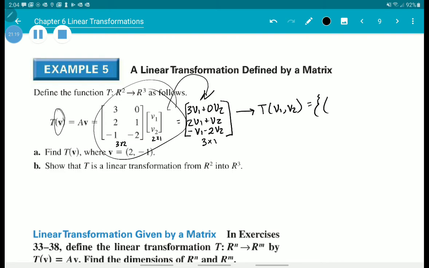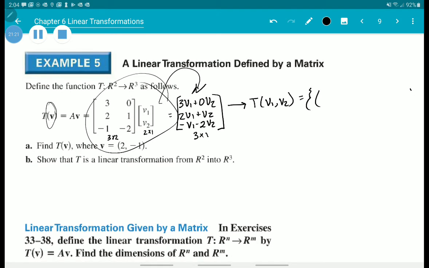We're getting something that's in R3, which means it's got to have 3 pieces to it. So that first piece is that first line, 3V1 plus 0V2. That second piece is going to be 2V1 plus V2. And that third one is negative V1 minus 2V2.